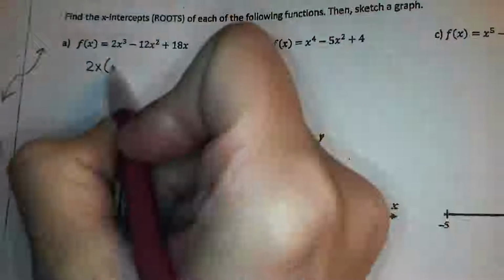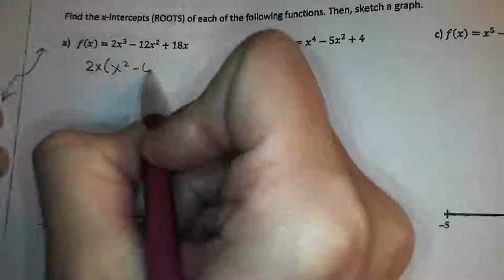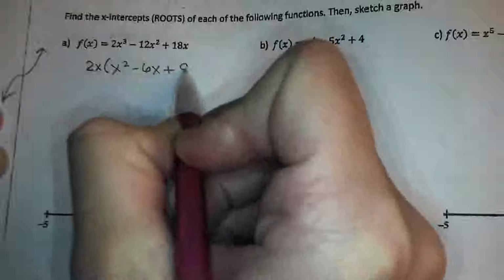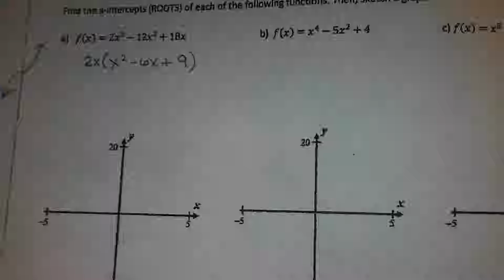And then what am I left with, Owen? Very good. And then once you pull that GCF, you look at what's remaining. It's 3 terms long. So you would guess and check or split the middle term. That part kind of depends on your preference.